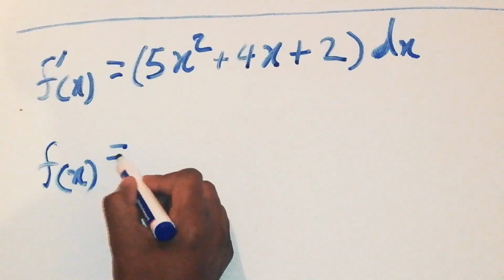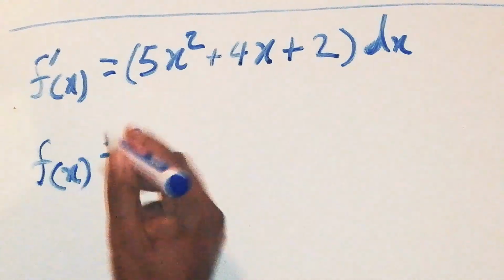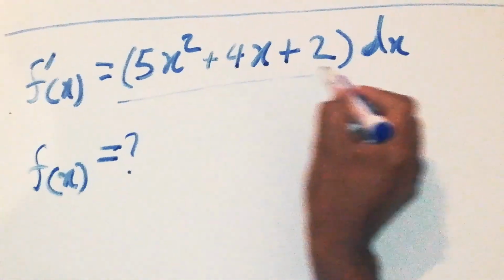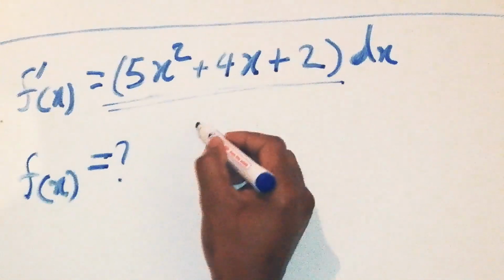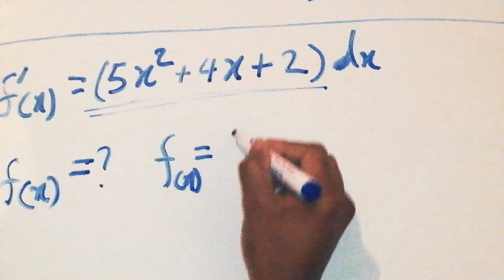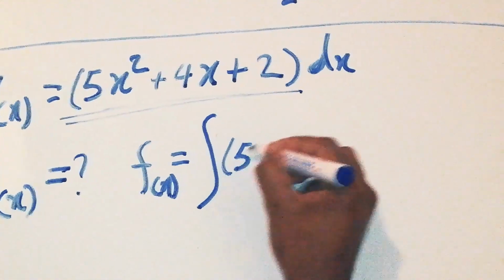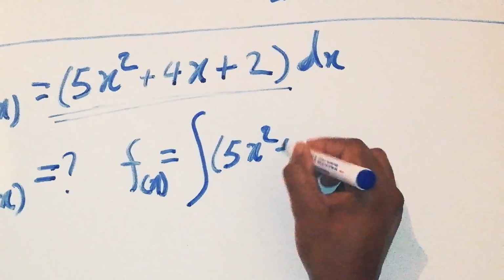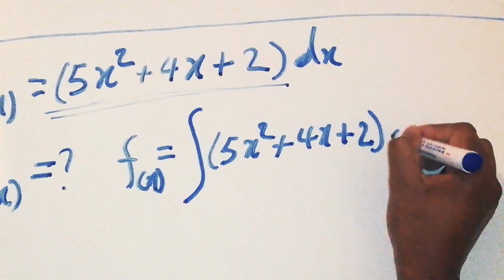Then what I do is I come here, and if you want me to find this one, I'm going to need to integrate this equation. So I'm going to say f(x) is equal to the integral of 5x squared plus 4x plus 2.